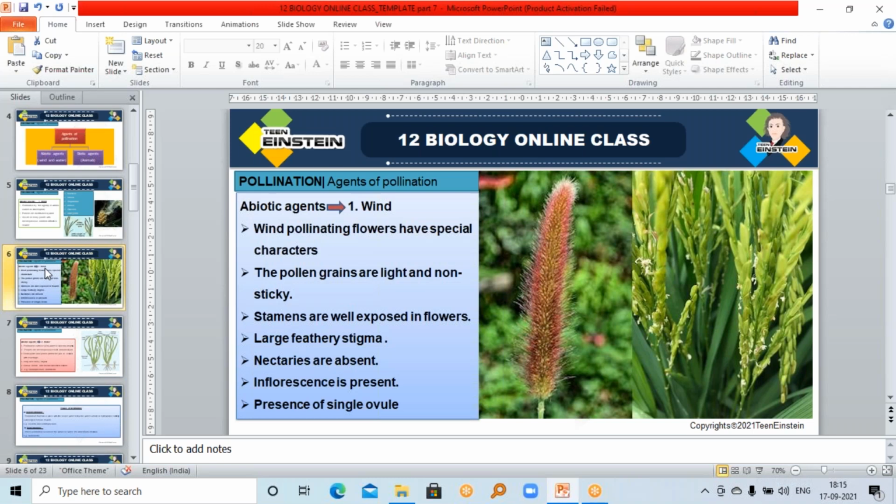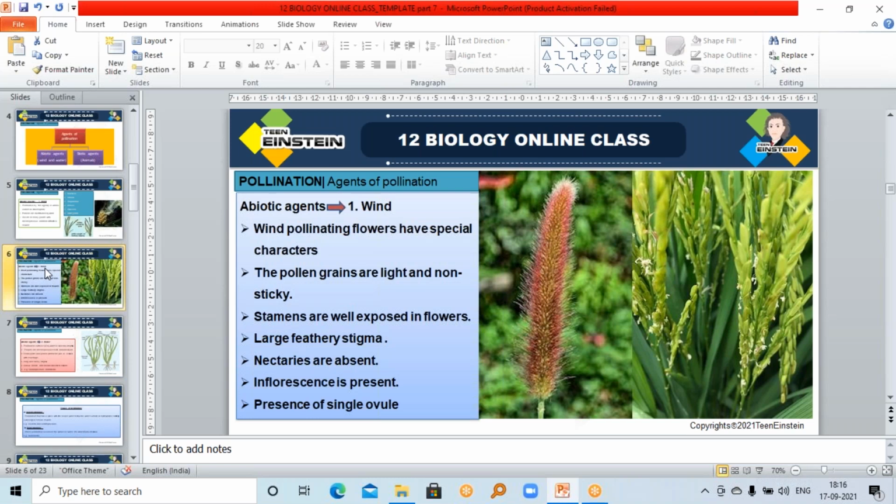In such flowers, the stamens are well exposed. Stamens are exposed because if the stamens are closed or inside something, even if pollen grains get released, they can't be carried through wind. They will stay inside that flower only, right?